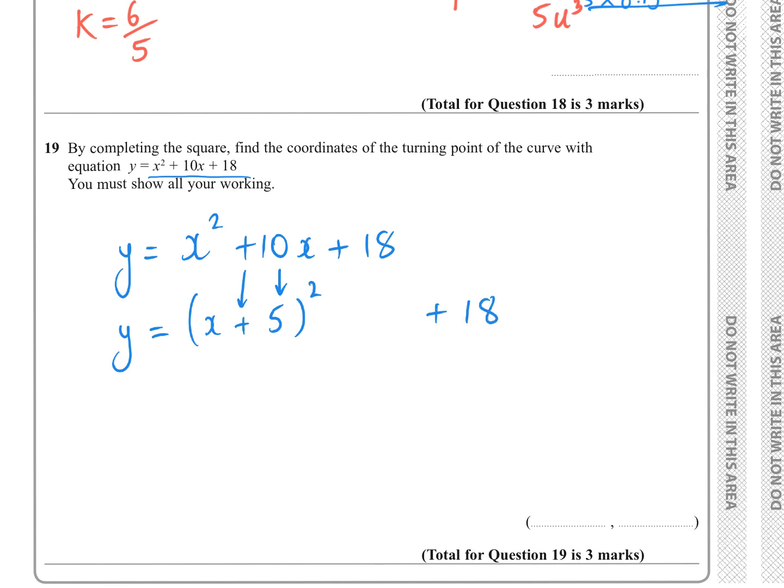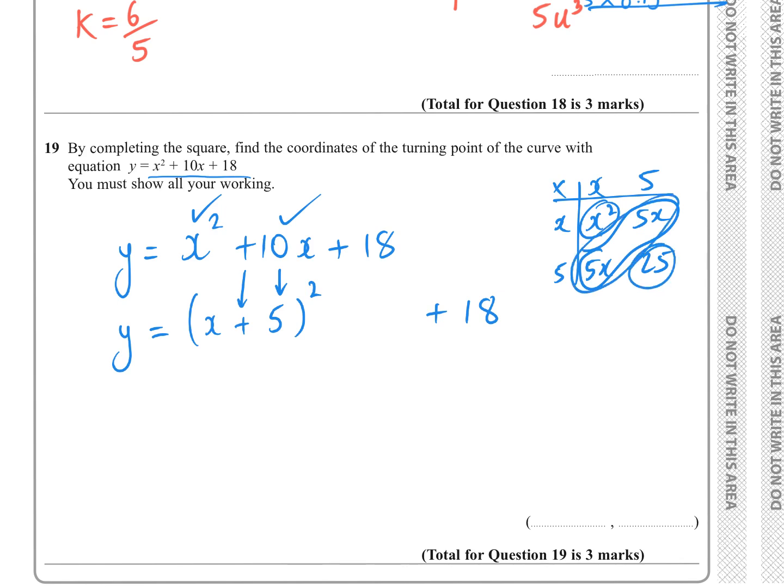Now if we did x plus 5 times by itself, don't forget we'd get x squared, we'd get 25, we'd get 5x here and 5x here, so that would be our 10x as required. So we've got our x squared and our 10x, but we've got a 25 here and we never had that up here. Okay, forget this 18, we're just adding it at the end.